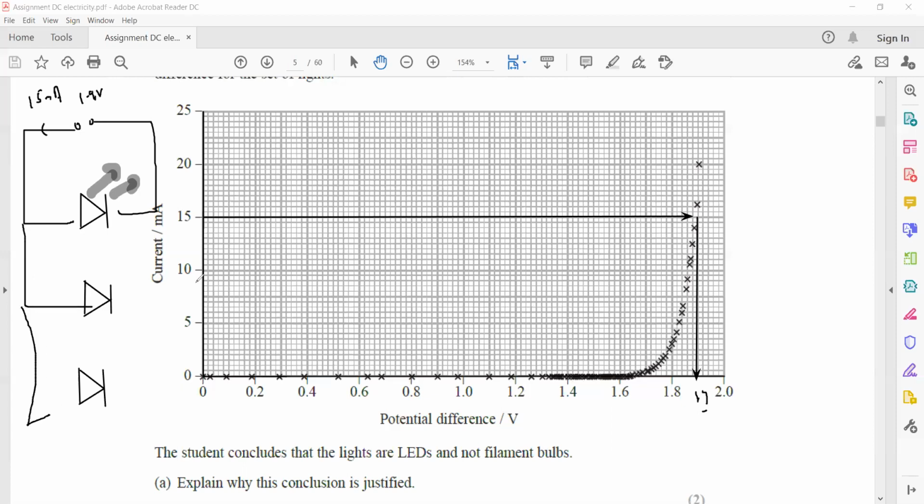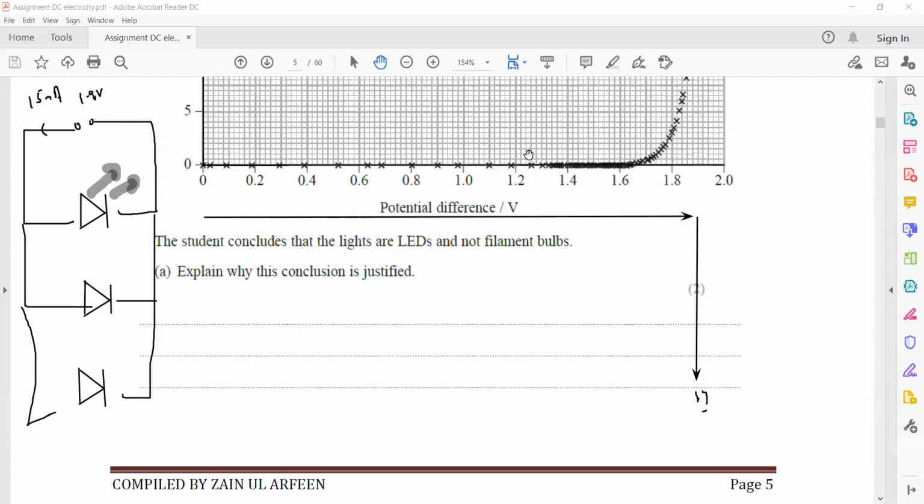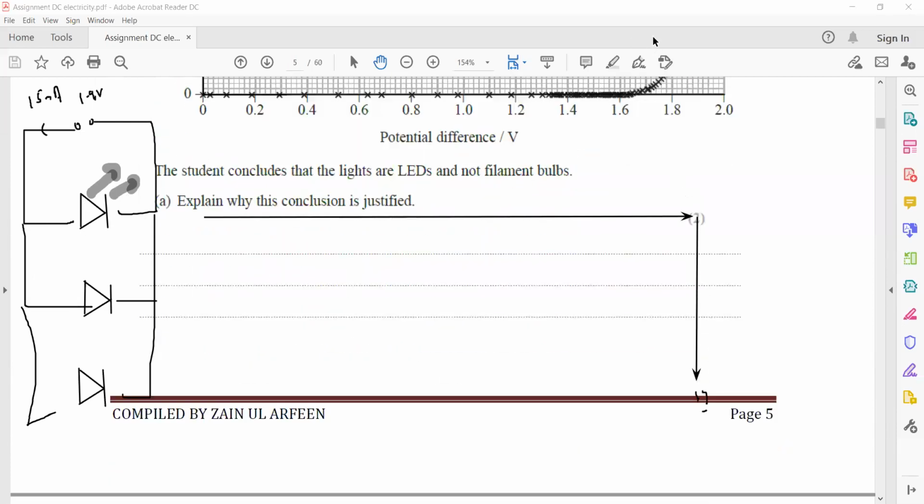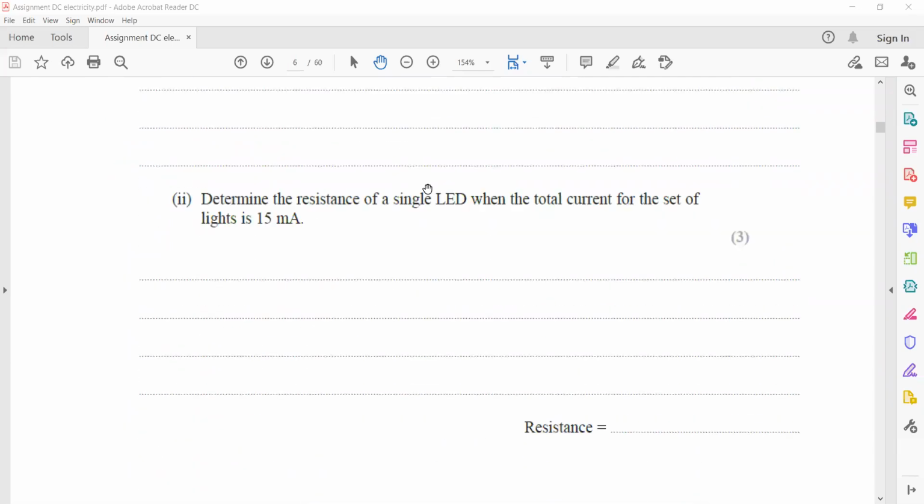So we know the voltage and we know the current in each. How to know the current in each? Because 15 milliampere is divided between the 12 LEDs, so 15 milliampere divided by 12 will give us the current, and the voltage is 1.9, so we'll use the formula V is equal to IR.